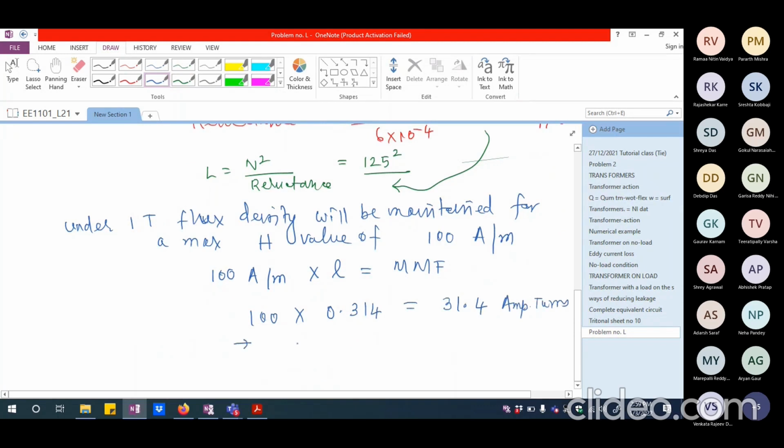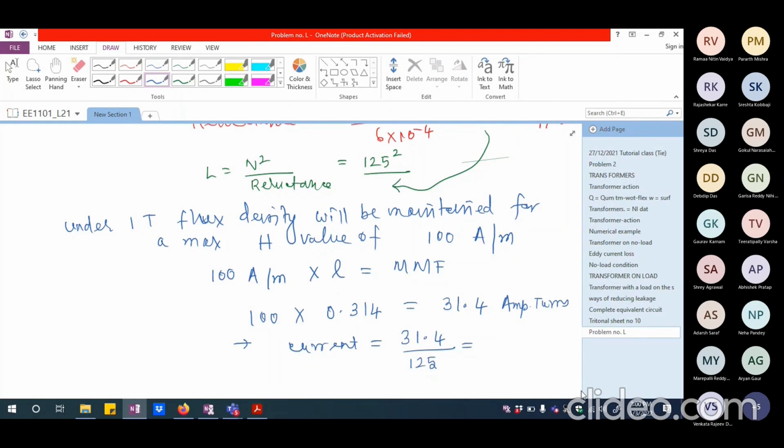From which I should be able to calculate the current needed to establish this much flux density. That will be 31.4 divided by 125 turns, which gives me the current in ampere.